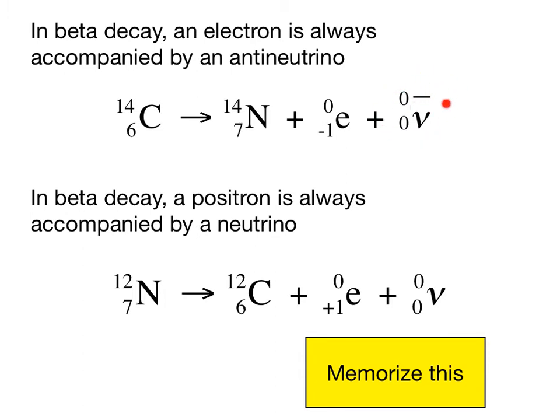The bar over the top of the antineutrino kind of looks like the negative sign for the negative beta decay, and those go together. On the other hand, in a positive beta decay, where you get a positron, you have a positive symbol here, no negative, so you get a neutrino which has no bar over the top, so you can think of that as having no negative.